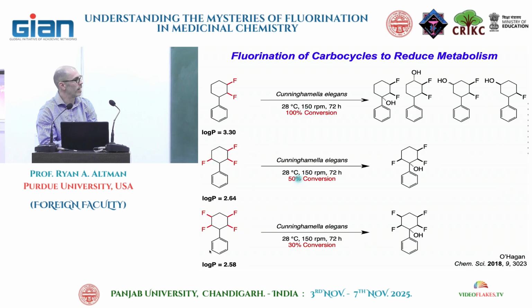If we put another fluorine atom, we decrease the metabolism, though we still see benzylic oxidation. You can see the decrease in log P, and if we put another fluorine atom in there, we're again a little bit less lipophilic, a little bit more stable, with less metabolism occurring in this system. So you can use multiple fluorine substitutions to drive down metabolism.